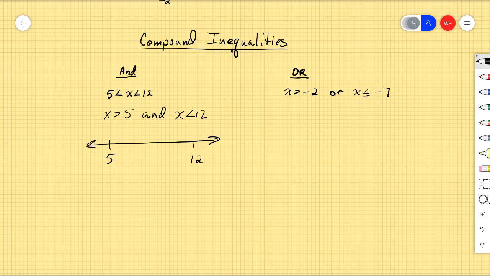And looking at this first statement, x is greater than 5, we open circle and shade to the right. And the second part, x is less than 12, we use open circle and shade to the left. And then we write our answer in interval notation by opening parentheses, 5, comma 12, close parentheses.